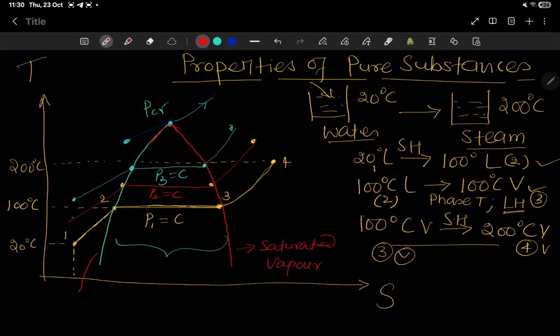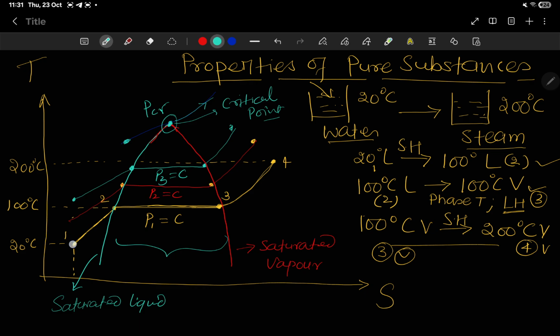This line is called the saturated liquid line, and this point is called the critical point. So what is going to happen here? At this point, the saturated liquid line and the saturated vapor line meet. So this point is called the critical point.